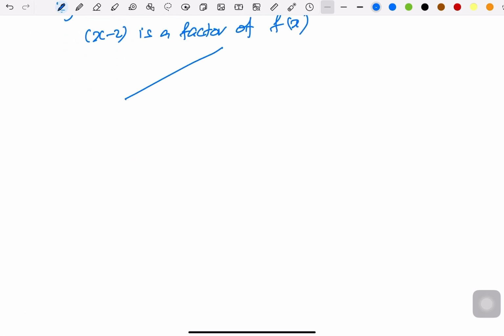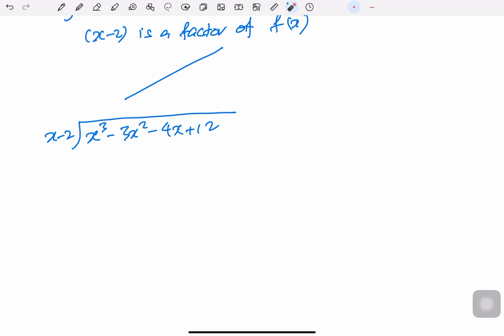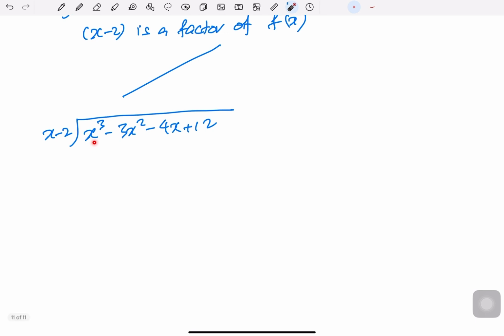So, long division method. x cubed minus 3x squared minus 4x plus 12. If I divide this by x minus 2, what we will do here is, x cubed divided by x gives me x squared.